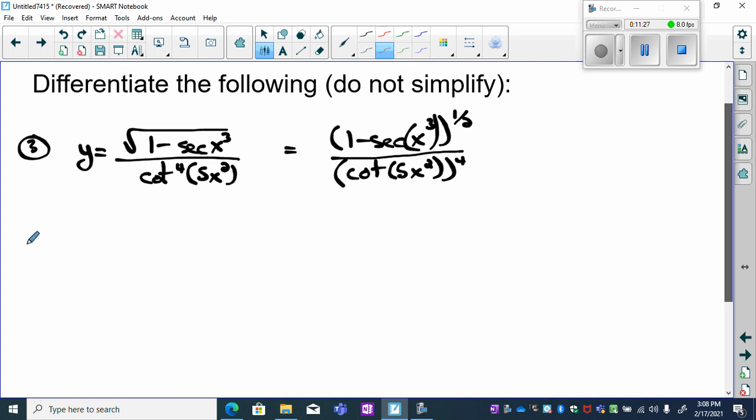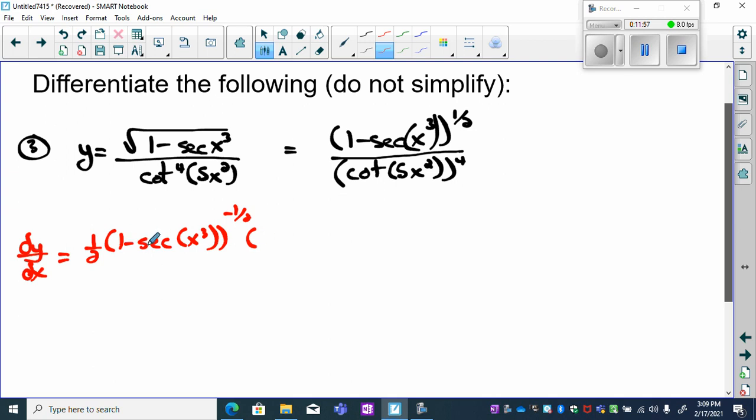So the derivative of y would be dy over dx, or y prime. When I'm using the quotient rule, I do the derivative of the top. The derivative of the top would be 1/2 times 1 minus secant x cubed to the 1/2 minus 1, negative 1/2, times the derivative of what's inside the brackets. The derivative of 1 would be 0.